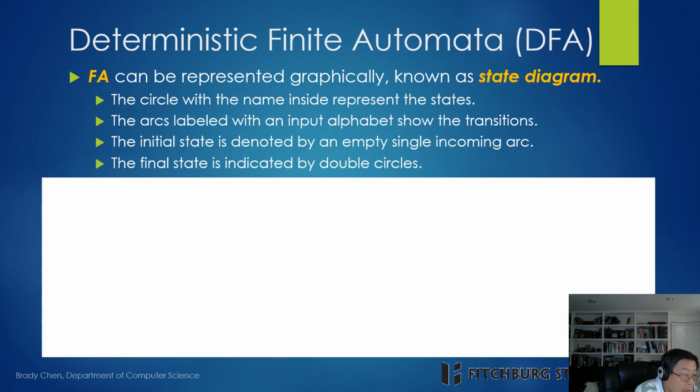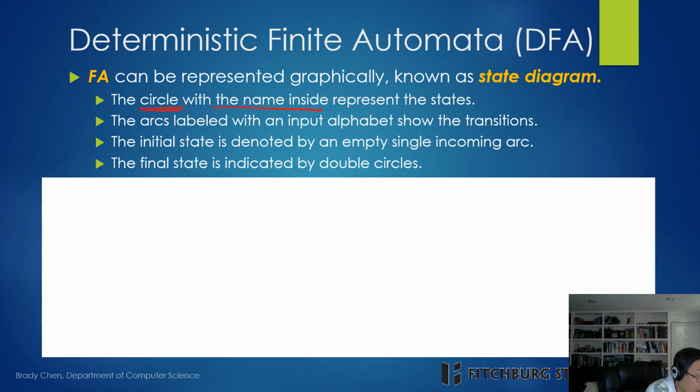A finite automata can be represented graphically, known as state diagrams. We already used the state diagram in the previous slides, but let's formally define it. We use a circle with the name inside to represent the state.